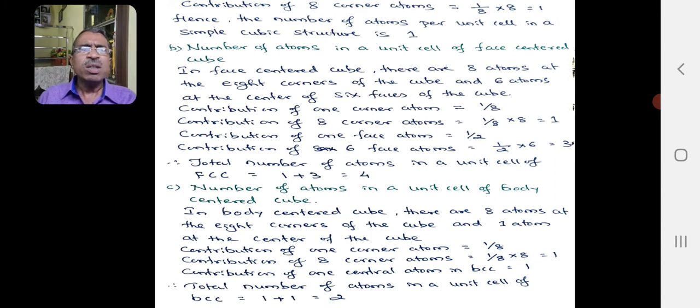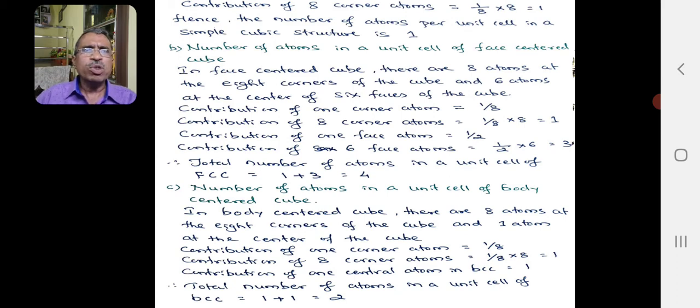Similarly, let us find the number of atoms in a unit cell of a face-centered cube. In a face-centered cube, there are 8 atoms at the 8 corners of the cube and 6 atoms at the center of 6 faces of the cube. Therefore, the contribution of one corner atom is 1 by 8.